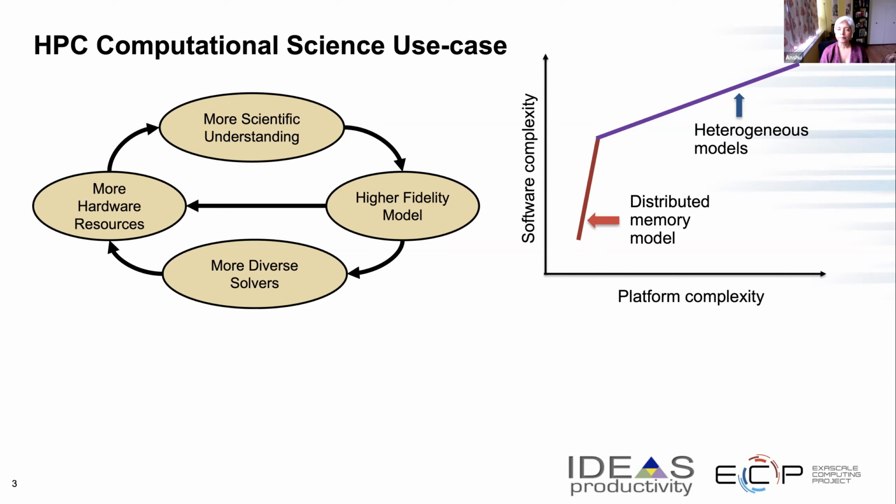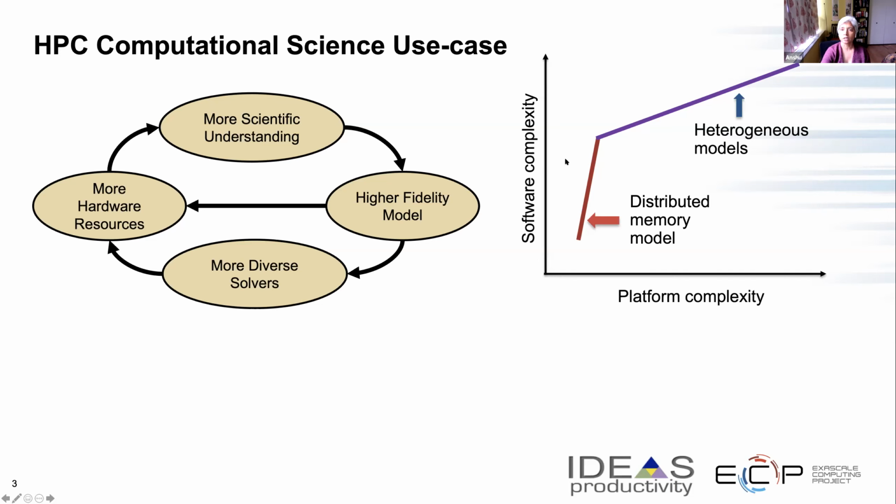And then as the Dennard scaling stopped and we couldn't just keep getting more performance out of increasing the clock rate, heterogeneous models of computing got introduced. The platforms became more and more heterogeneous, to the extent that almost all machines these days have some form of a special purpose device like accelerators.